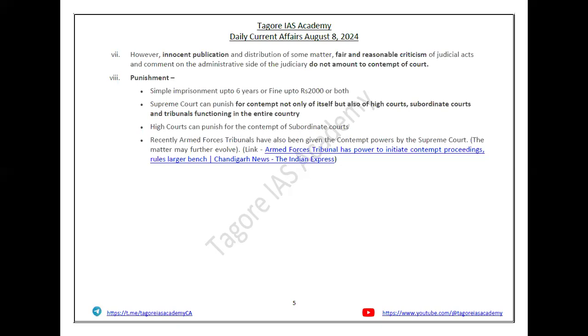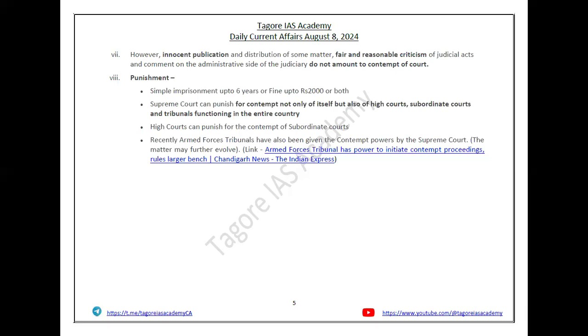So in case an AFT, that is Armed Forces Tribunal, passes a judgment and the judgment is not complied with, earlier they could not do anything. The AFTs could not do anything. They could just pass the judgment and then the matter would reach its conclusion in the High Court.